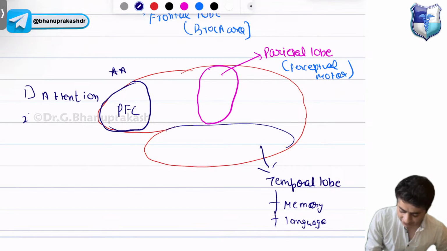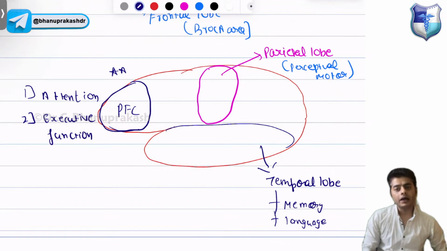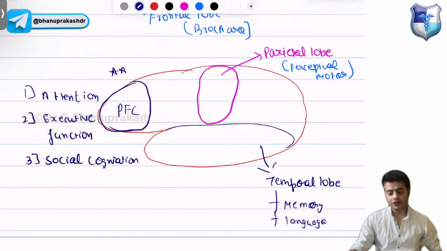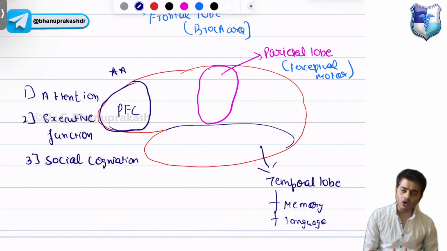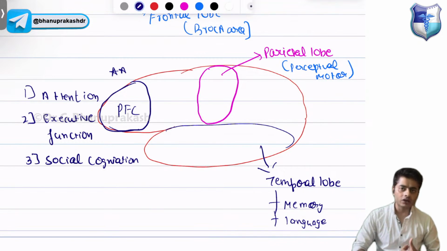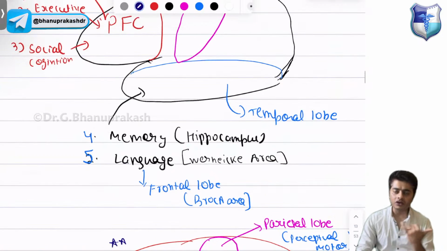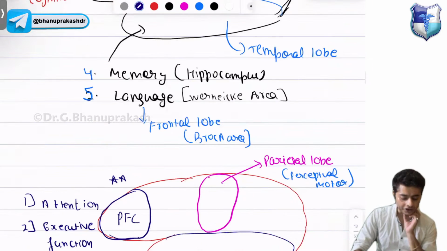Second is your executive function, and third but not the least is your social cognition. Very good. So we have done with all the cognitive functions. We have understood the concept of all the cognitive functions, and we have also done the lobes of all the cognitive functions.